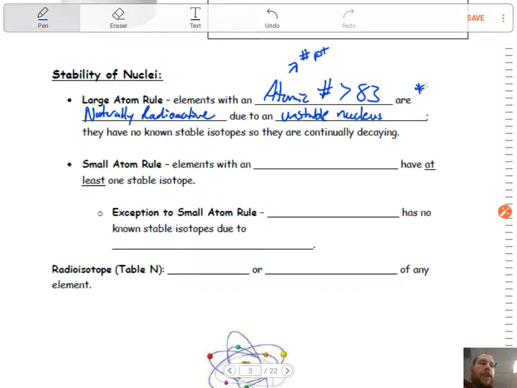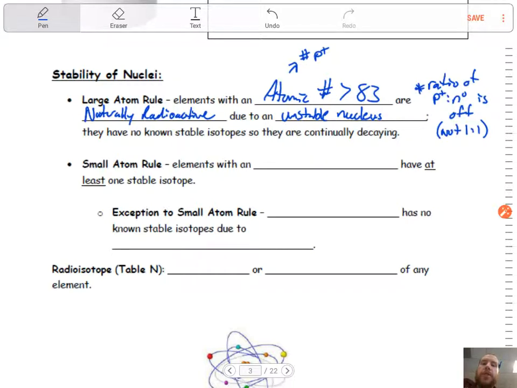Well, we're going to jot this down. When something becomes unstable, it typically has an imbalance of protons to neutrons. So their ratio of protons to neutrons is off. What I mean by off is it's not a 1-to-1 ratio or close to a 1-to-1 ratio.